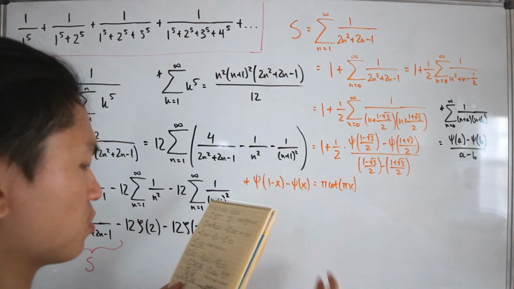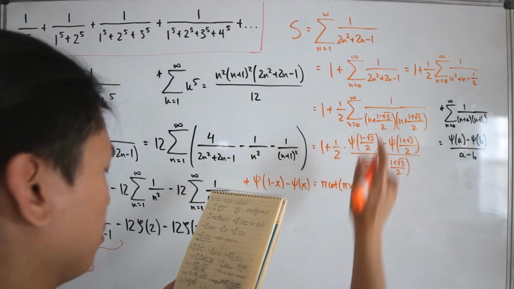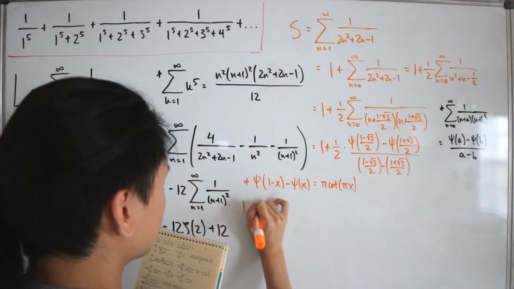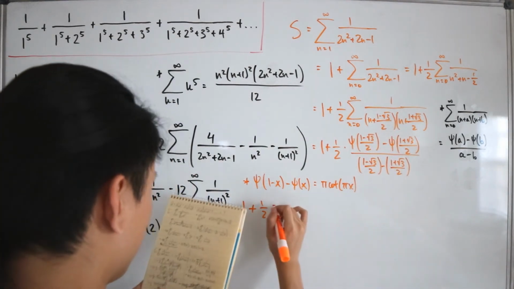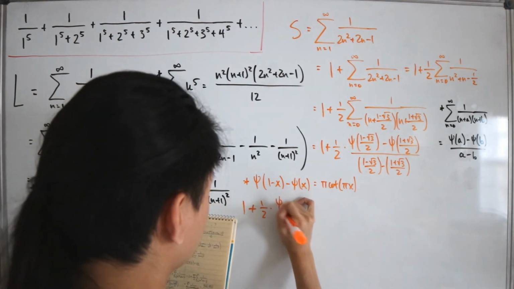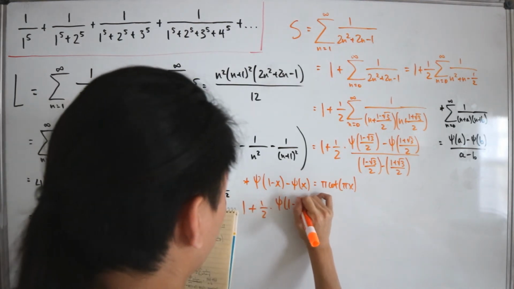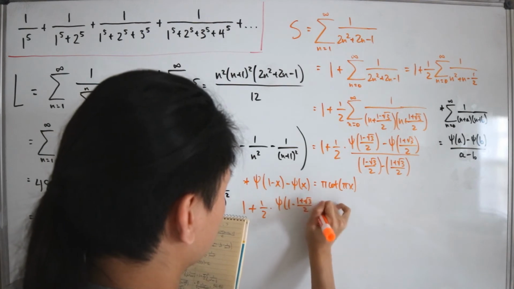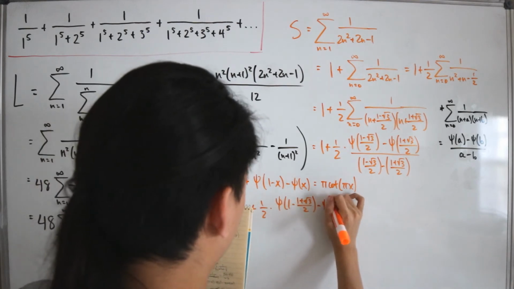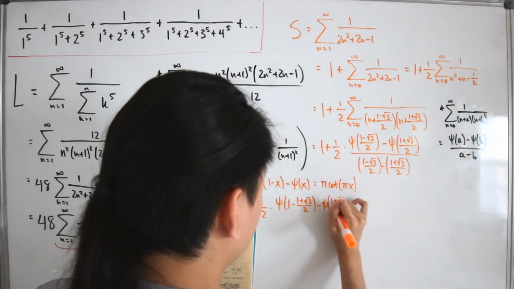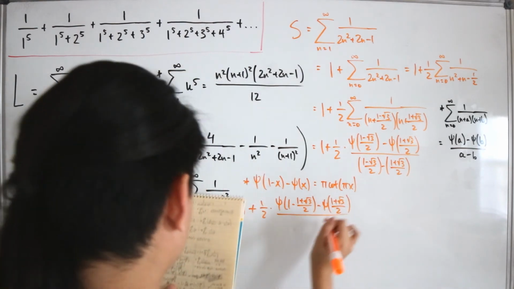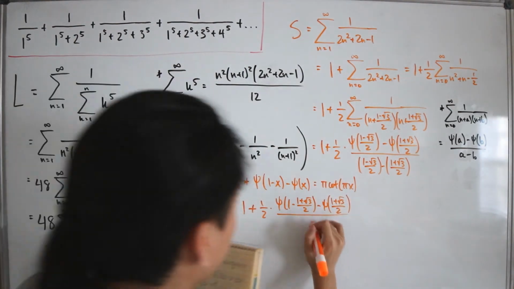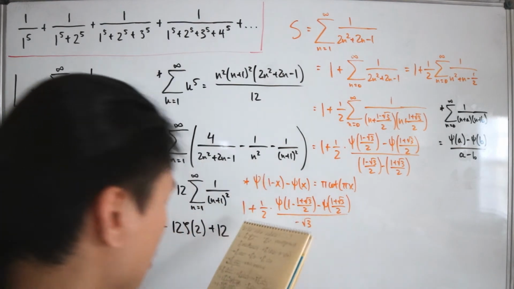Okay, and with this, we're going to apply that to the identity over here. Afterwards, we'll say that this is 1/2, then multiply with psi of 1 subtract 1 plus the square root of 3 divided by 2. And of course, this is still psi of 1 plus the square root of 3 divided by 2. All this being divided by, doing that subtraction, we'll get the negative square root of 3.